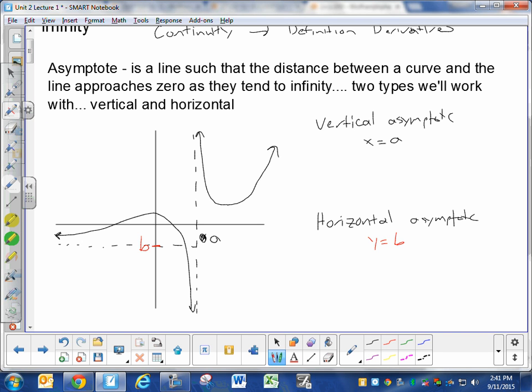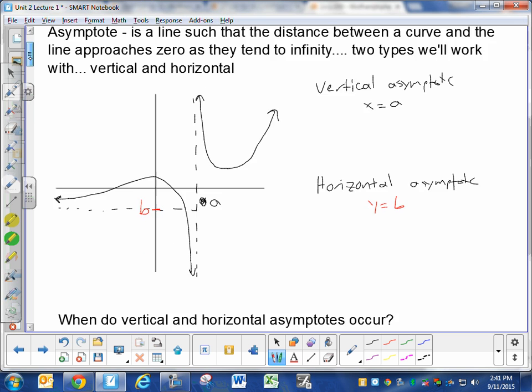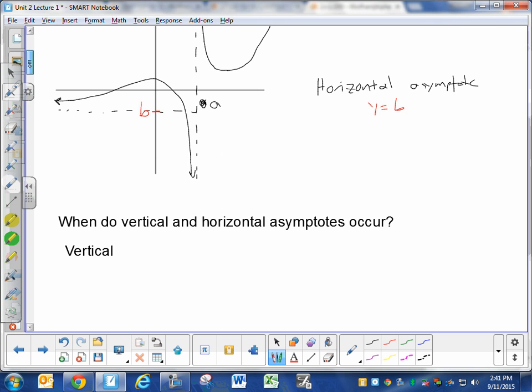Now let's define these asymptotes using limits. Okay? I'll say when do vertical and horizontal asymptotes occur? We will say that a vertical asymptote occurs when a one-sided limit approaches infinity or trends towards infinity.